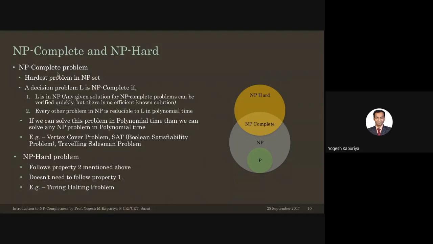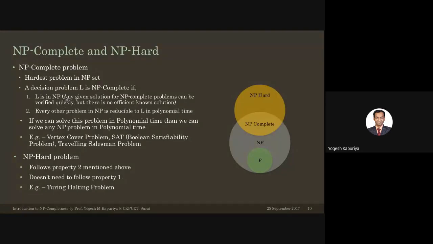NP complete problem means it's actually the hardest problem in the NP set. Hardest means that it is assumed that it cannot be reduced to P. It will remain NP. That's why in those terms it is hardest. A decision problem L is an NP complete problem if, this is the definition of NP complete, L is in NP, obviously L has to be an NP problem. That means any given solution for an NP complete problem can be verified quickly, but there is no efficient method to solve the actual problem.